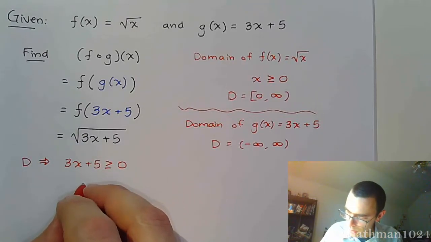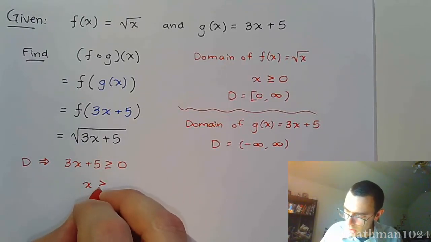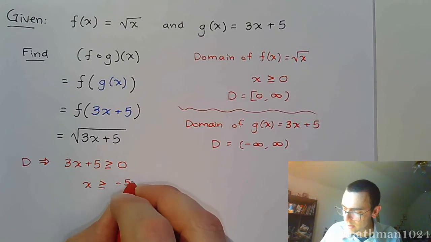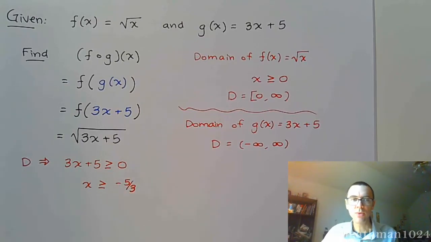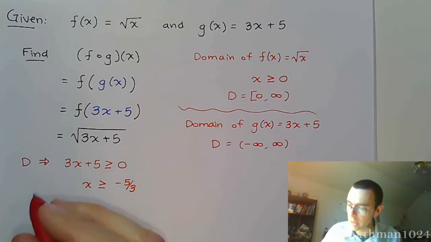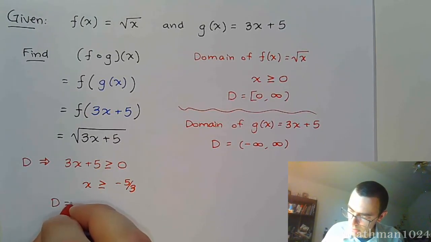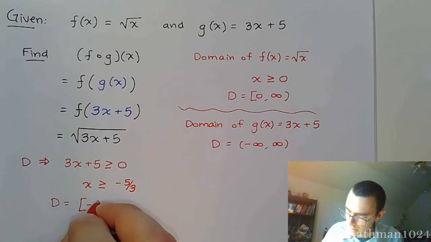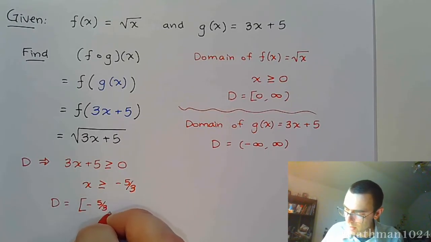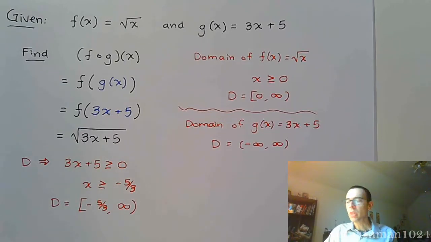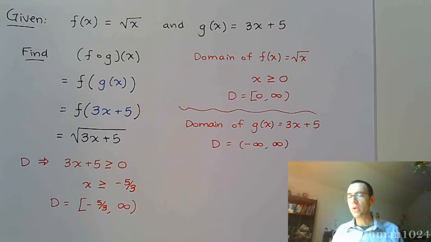And as we solve this inequality, you subtract 5, and you divide by 3. This ends up being our restriction on x, which ends up being our domain. So your domain for this guy would be from negative 5/3 to infinity. So you brought in something that didn't have any restrictions on the domain into a function, the square root, that did have restrictions, so they have to play nicely with each other.